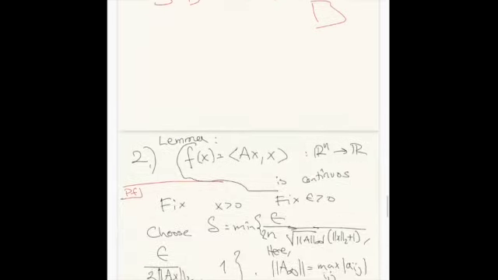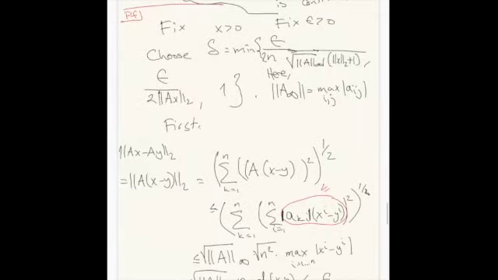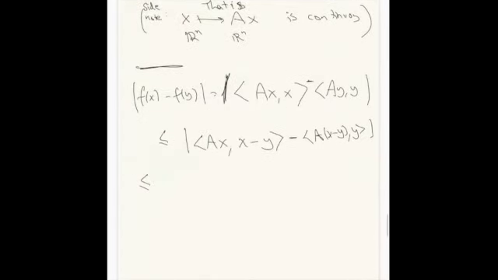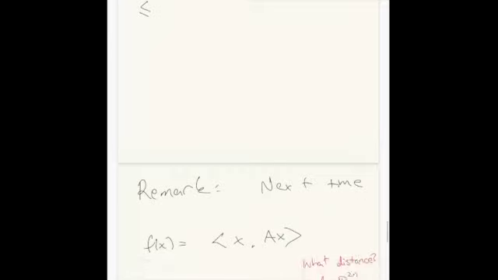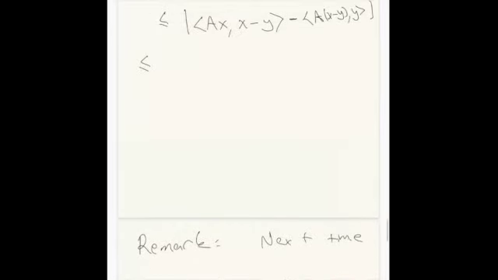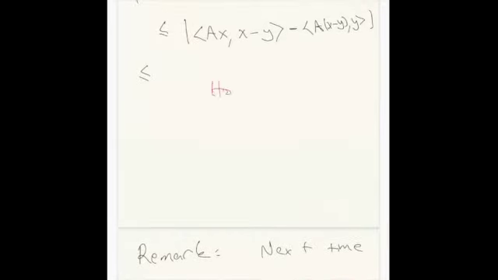And okay, you could do a direct calculation. I don't want to go over it now, I'll just leave it. You can look at these notes. It almost completes it.